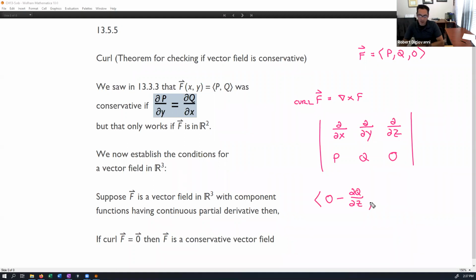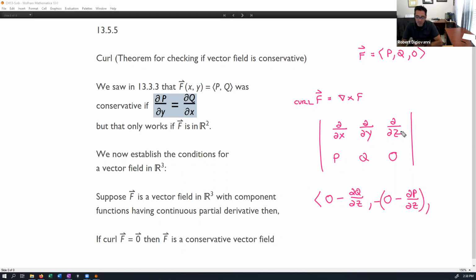Okay, and then we have the middle one. We cover that up, partial of 0 with respect to X is 0, minus the partial with respect to Z of P. That will be partial P with respect to Z, and we have to make that negative.